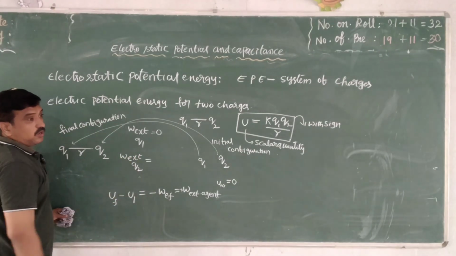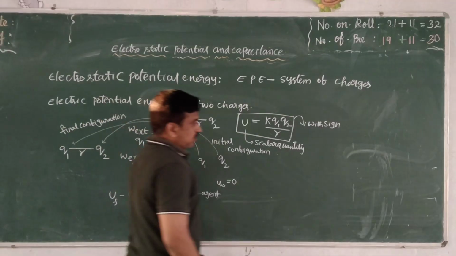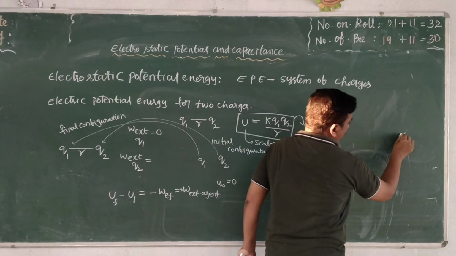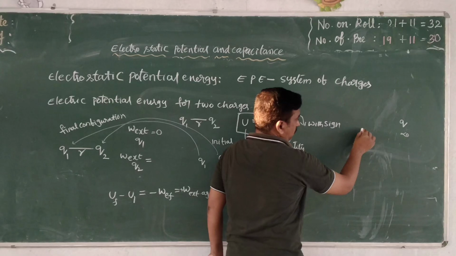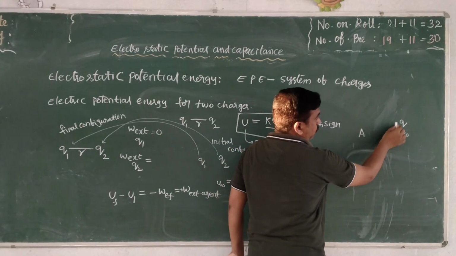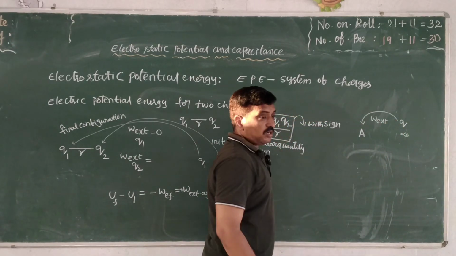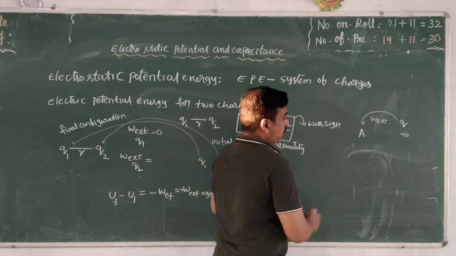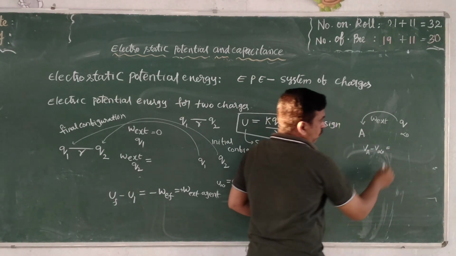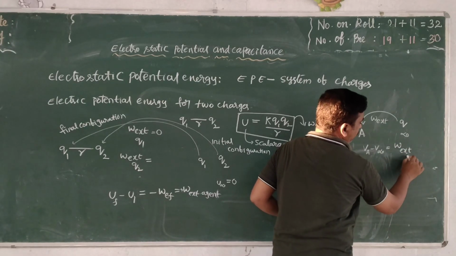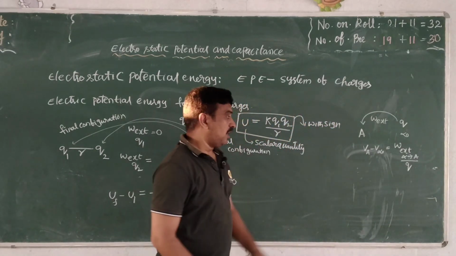That work we can write using electric potential. For example, if a q charge is placed at a point a, we have to do some work. Work done by external agent in bringing q charge from infinity to point a gives V a minus V infinity, per unit charge, which we call electric potential.